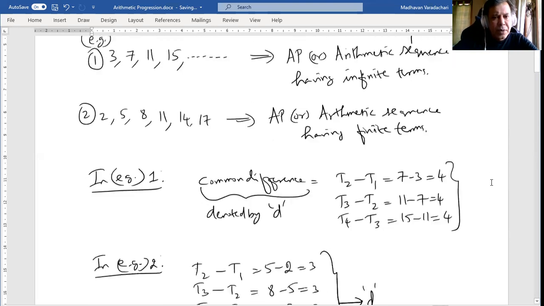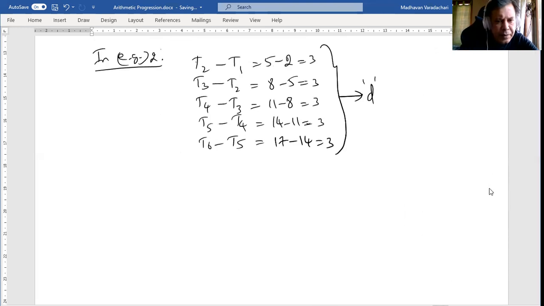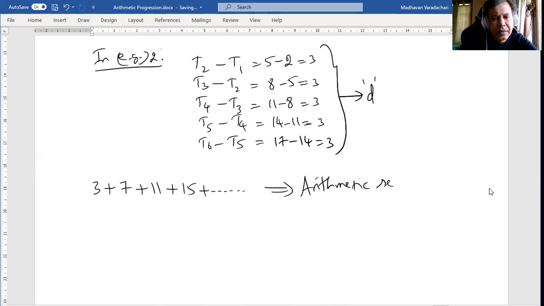Now, same example, if it is written like 3 plus 7 plus 11 plus 15 plus and so on, we call this an arithmetic series whose terms are infinite. It is because it is put as dot dot dot.